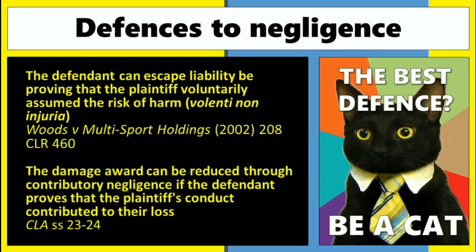Situations where the plaintiff has succeeded in all three elements of the tort of negligence and they're going to receive some form of remedy, the defendant, though, can argue one of the defences. And the two we're going to talk about here are voluntary assumption of risk and contributory negligence. The first of these is a pretty hard ask.